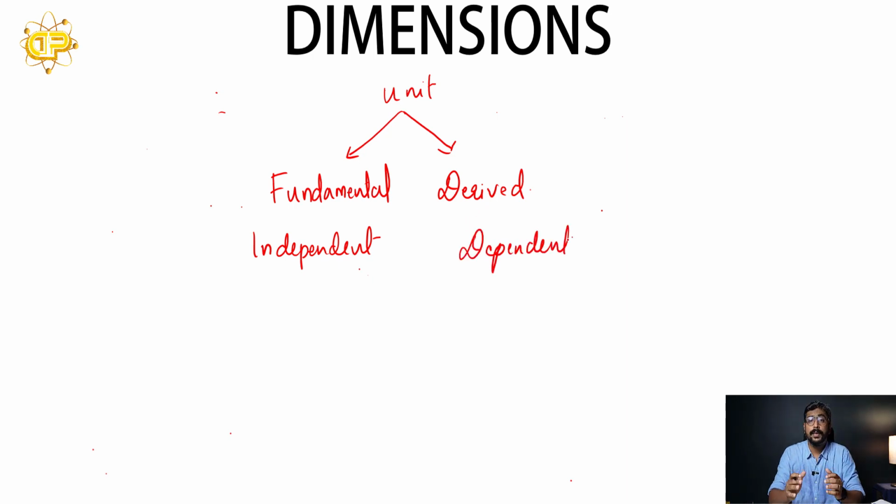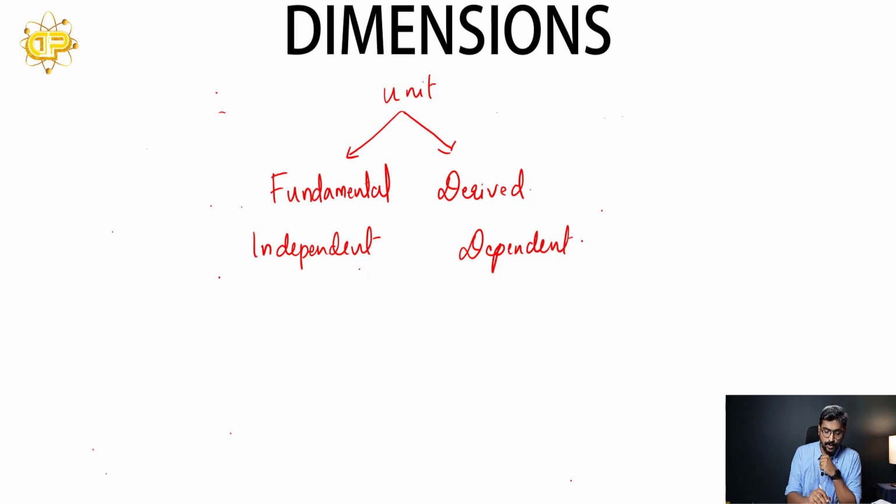How can we explain with some examples? Mainly there are 7 fundamental units in the physical world, but in this session we are going to take only 3 main fundamental units, and we are going to derive how these fundamental units will help us to make new units, or the derived units.